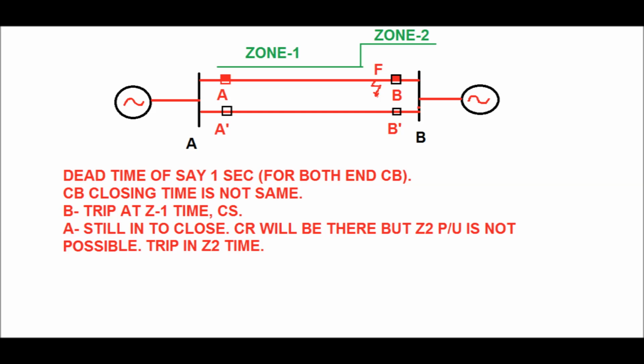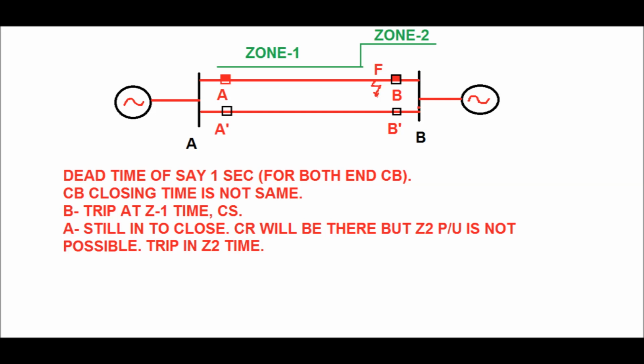Also, the dead time may not be the same for the relays at substation A and substation B. Then what will happen? For example, say the R phase breaker pole closes fast at B end substation, but at A end substation the breaker is yet to be closed fully.